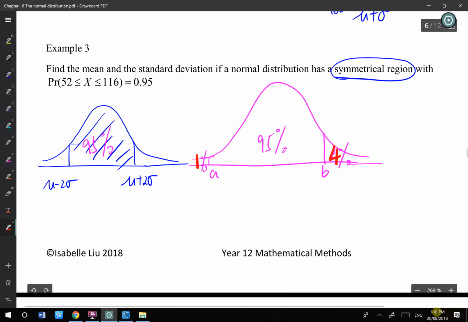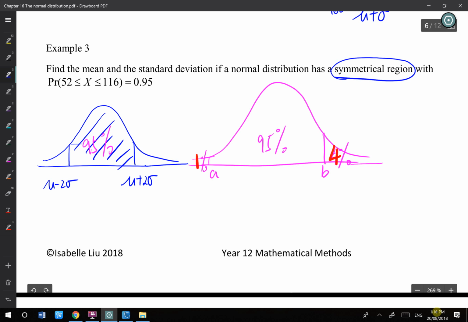How can we calculate the middle for those two numbers? How do you calculate the middle? Yeah, it's just the average.